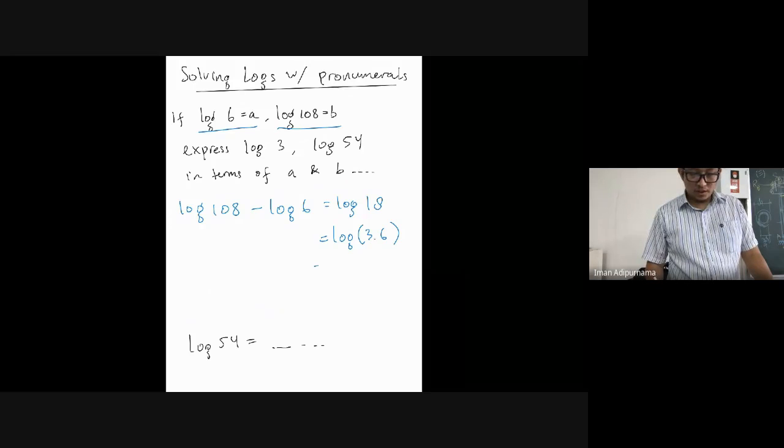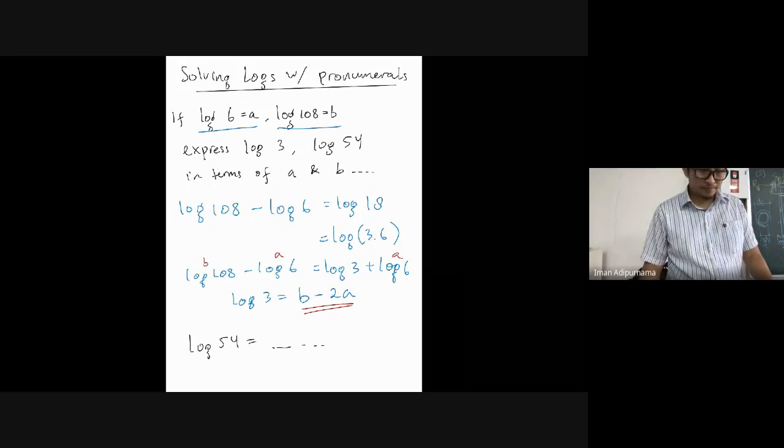And log 3 times 6 is log 3 plus log 6. And this, we can write log 108. So we can solve log 3 is B minus A, so minus 2A. So this is B, this is A, this is A. This is the answer.